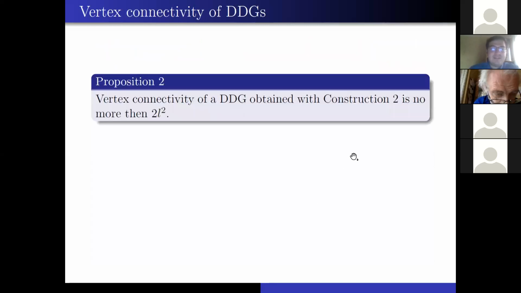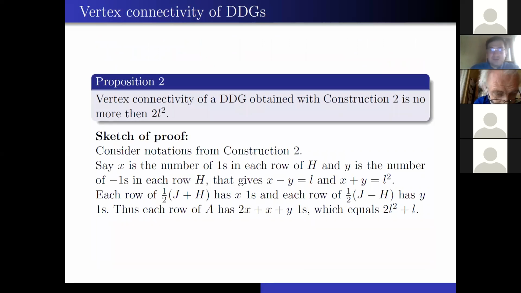The next proposition is that the vertex connectivity of divisible design graphs obtained with construction 2 is no more than 2L squared. A little sketch of the proof. Consider the notation from construction 2, and say X is the number of ones in each row of H and Y is the number of minus ones in each row of H. That gives X minus Y equals L and X plus Y equals L squared.